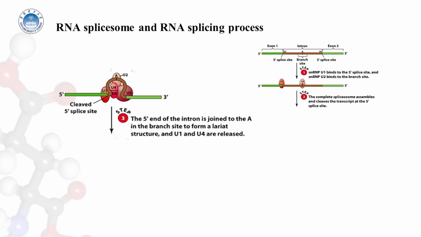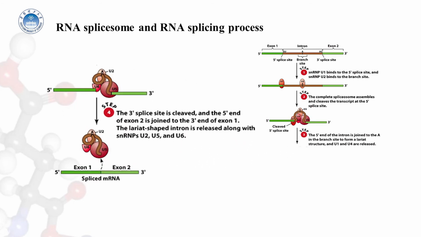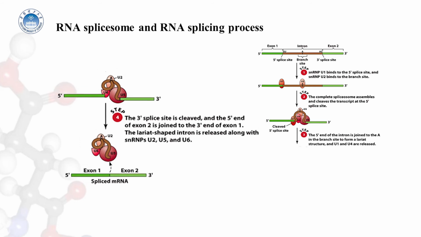The 5' end of the intron is joined to the A in the branch site to form a lariat structure, and U1 and U4 are released. In step 4, the 3' splice site is cleaved and the 5' end of exon 2 is joined to the 3' end of exon 1. The lariat-shaped intron is released along with the snRNAs U2, U5, and U6.